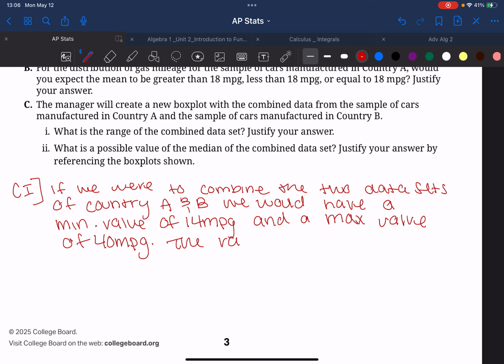The range would be 40 minus 14, which is 26 miles per gallon.